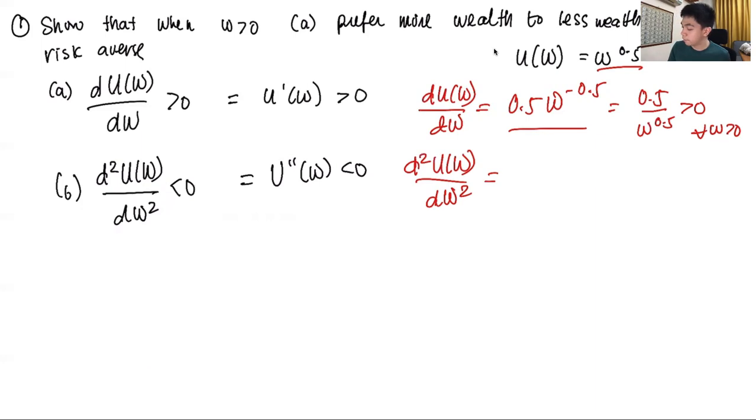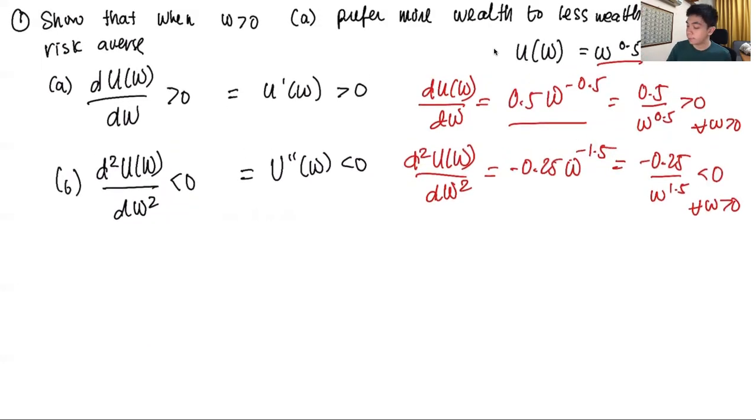Negative 0.5 times 0.5 is negative 0.25, and W to the negative 0.5 minus 1 is W to the negative 1.5. You get negative 0.25 over W raised to 1.5, which is less than 0 for all W greater than 0. That implies that the individual is risk averse.